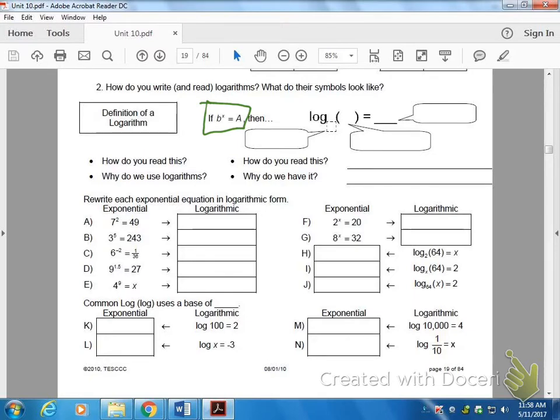So right here, my base is my b, so that's going to be down here, and we call that the base. And the thing about a log is that the log is really just the exponent. So right here on the equal sign, it equals x. Your log equals the exponent. The log is the exponent.